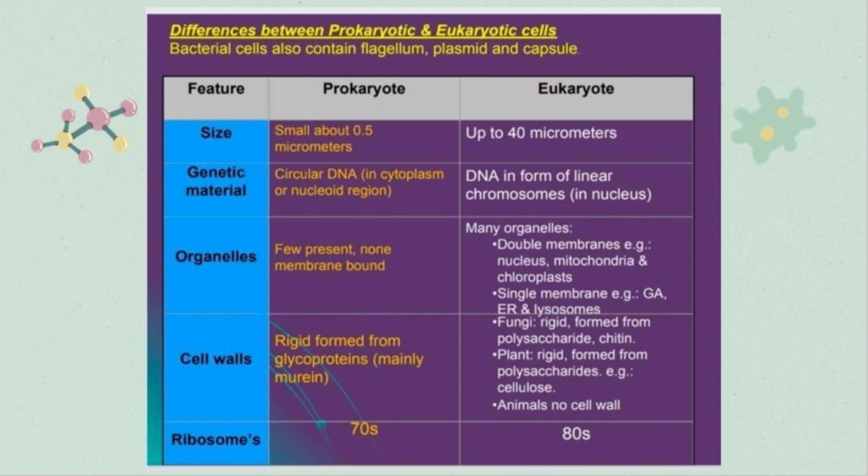And in the ribosomes, the prokaryote has 70S, while the eukaryote has 80S. It means that all prokaryotes have 70S, where S means Svedberg units, while eukaryotes contain larger 80S or Svedberg units.